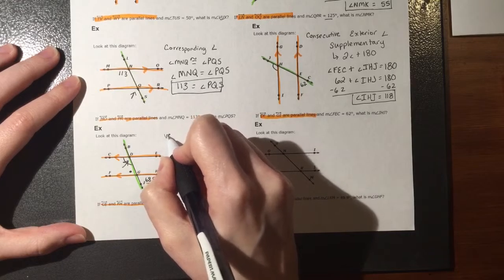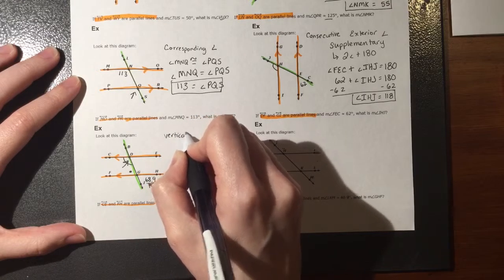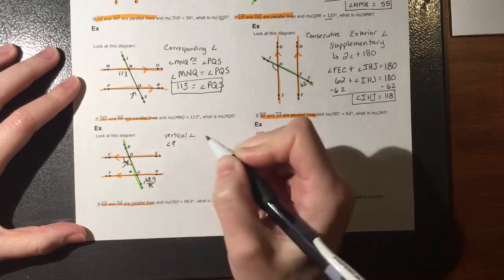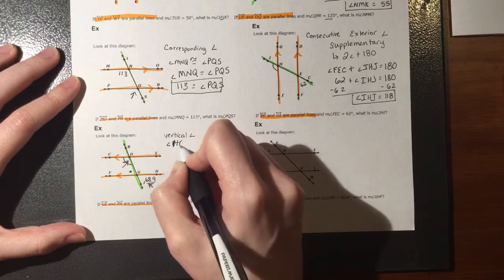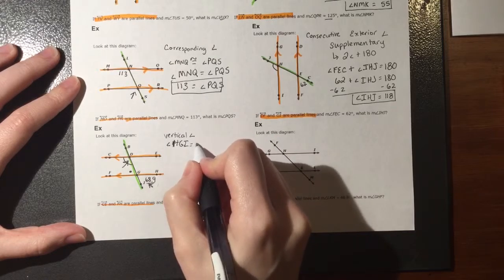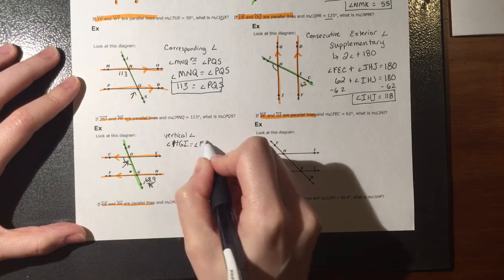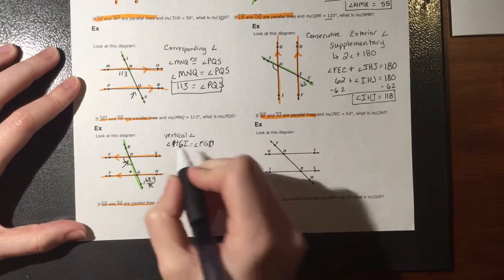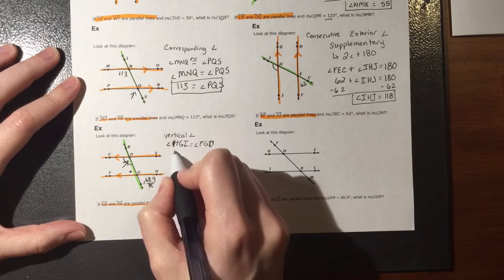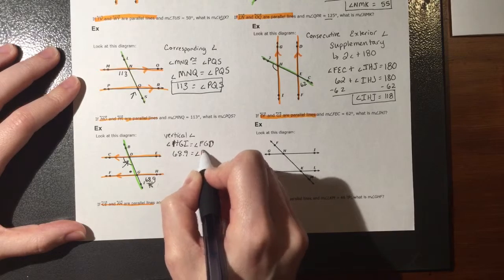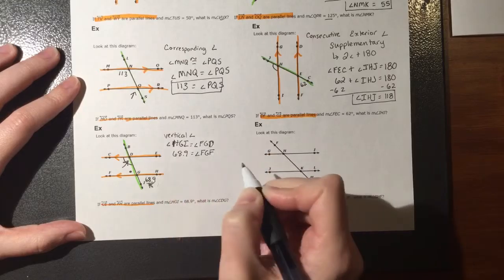They're vertical angles. So I can say angle IGH. No, they used HGI, so I'll use HGI too. We can say angle HGI is equal to angle FGD. So that'll tell us HGI is 68.9 is equal to angle FGD.